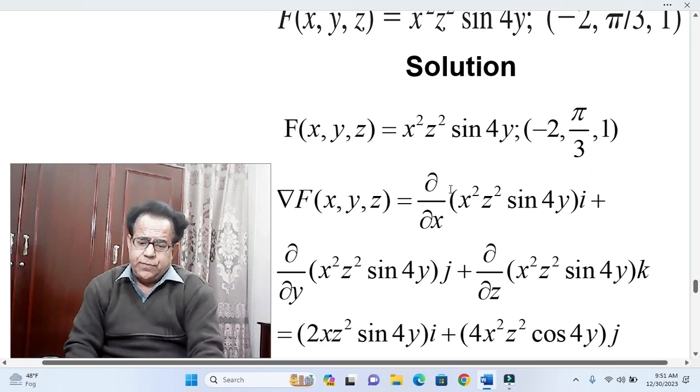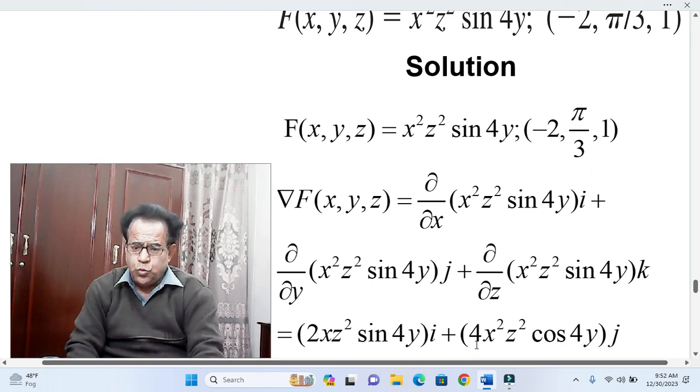Dear students, when we differentiate it partially with respect to x, it will become 2x, and the remaining portion as it is. When we differentiate it with respect to y, this will become cos 4y and 4 will be written outside: 4x square z square cos 4y.